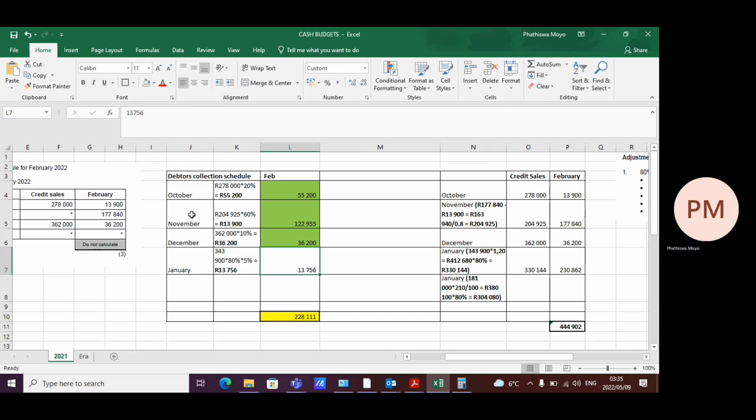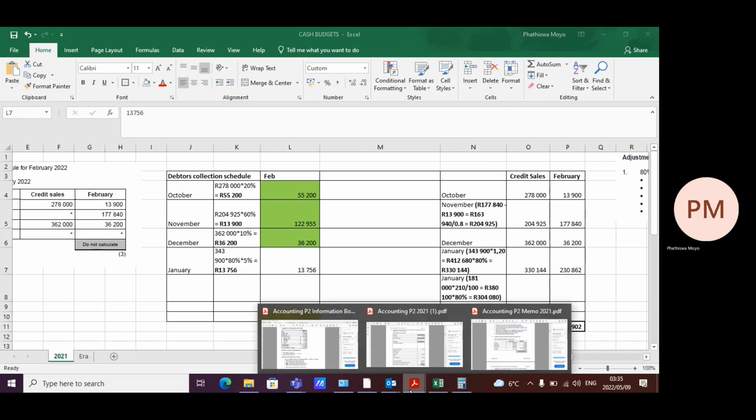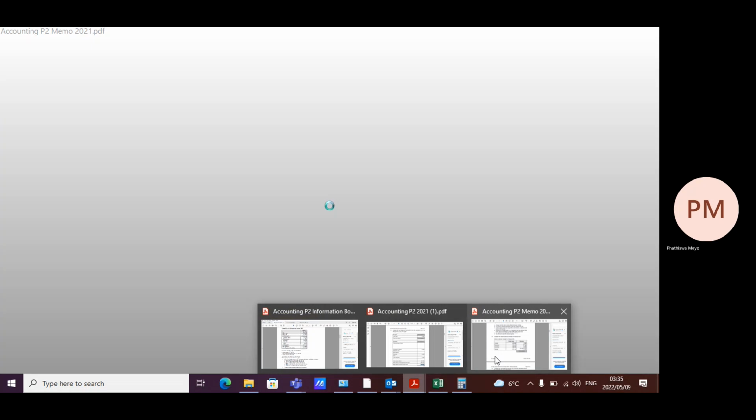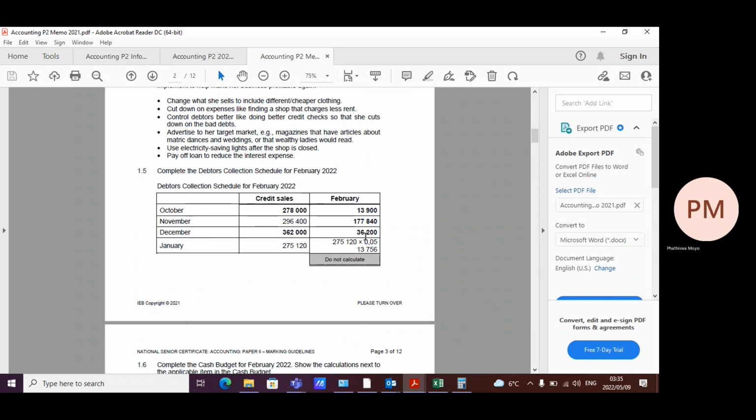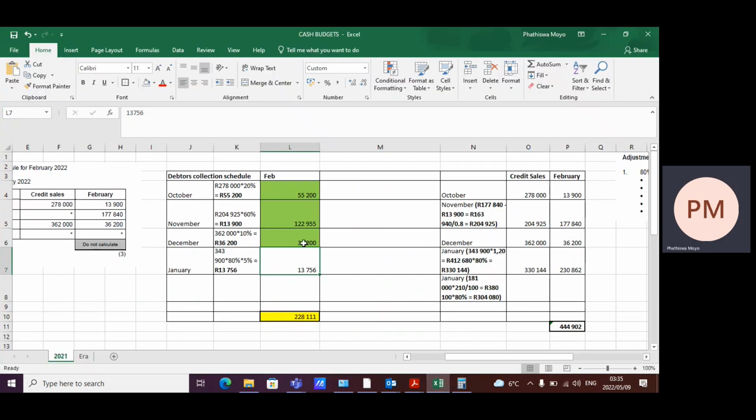Now let's see, what will be collected in February? So December, the collections for February. So the mistake, can you notice the mistake I did? It's double counting. It's already recorded that it's 6,200.